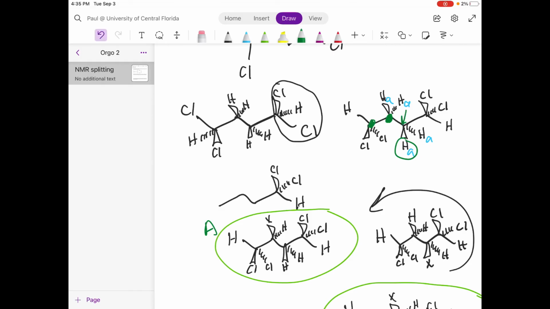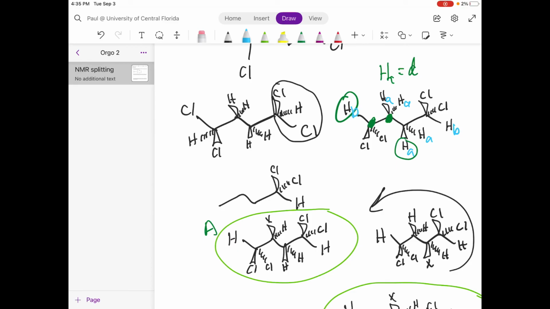It's the same one. We're only looking at the adjacent carbons that are not equivalent. And how many hydrogens are attached to that carbon in green? Only one. So HA is going to be split into a doublet, then the other signal would be B, and that's equivalent.